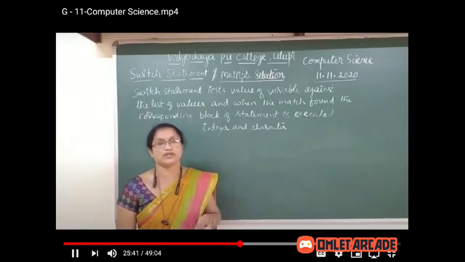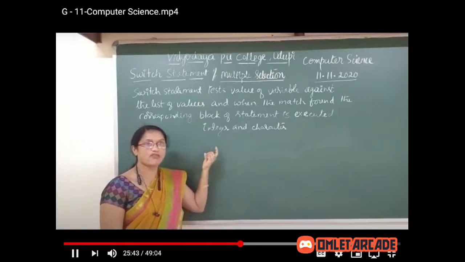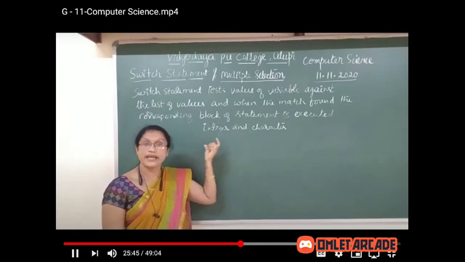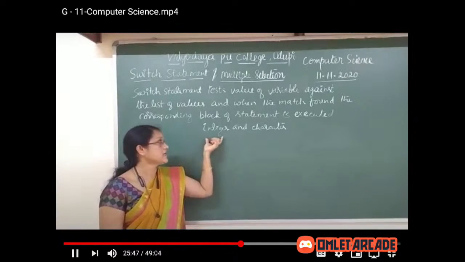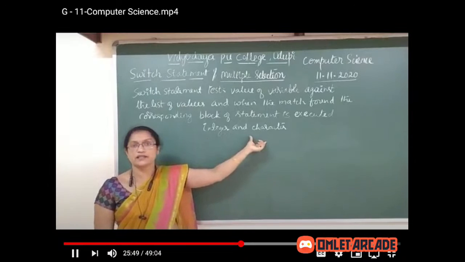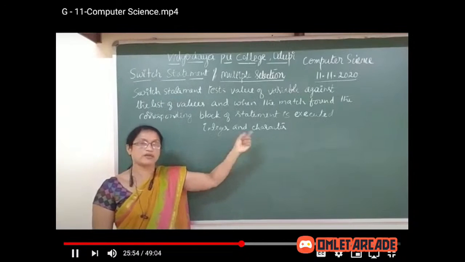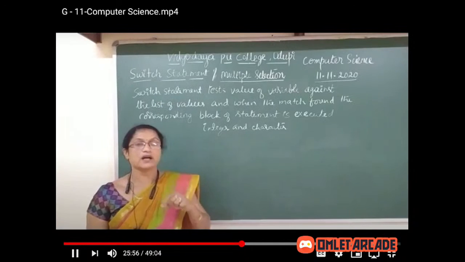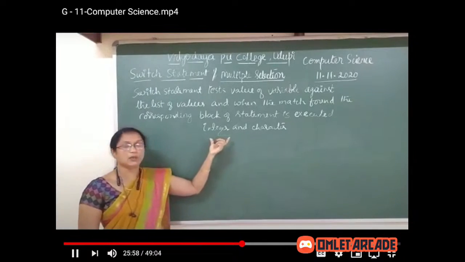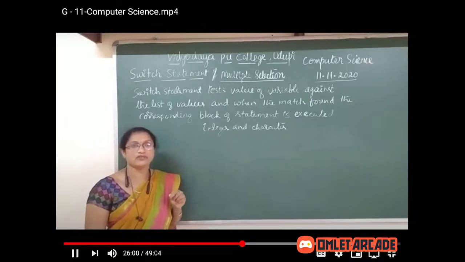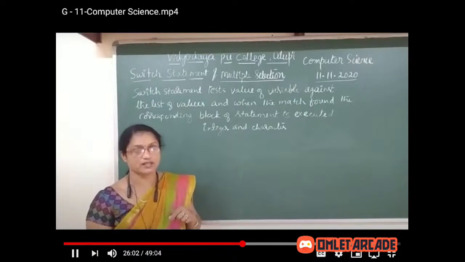Okay, so sometimes one mark question: which type of values can be taken by the case labels? That is integer and character type of values. Sometimes one mark question again: which is the numerical equivalent value for true and false?